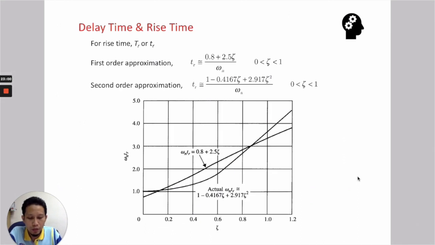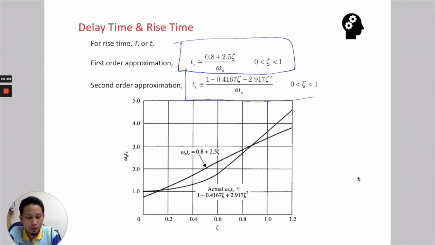And we have the rise time, similar to the delay time. We have the rise time for the first order approximation and for the second order approximation. Again, this is the actual value of the plot, and then this is the first order approximation. You can see here the first order approximation is quite off from the actual value of the plot.